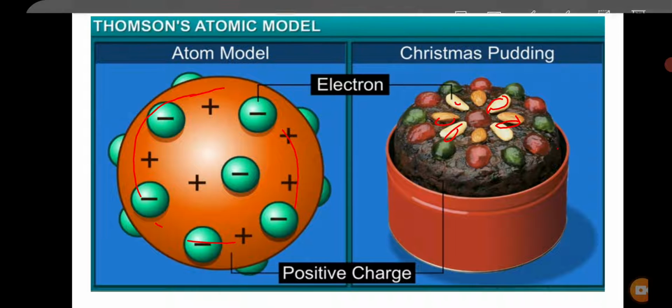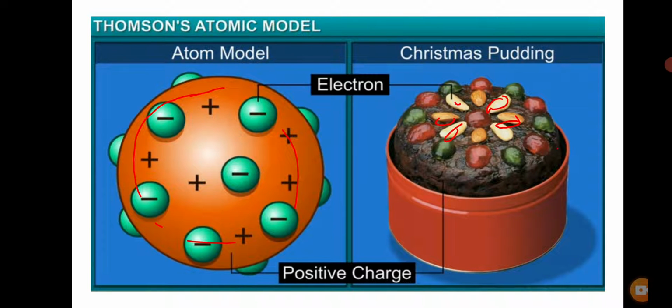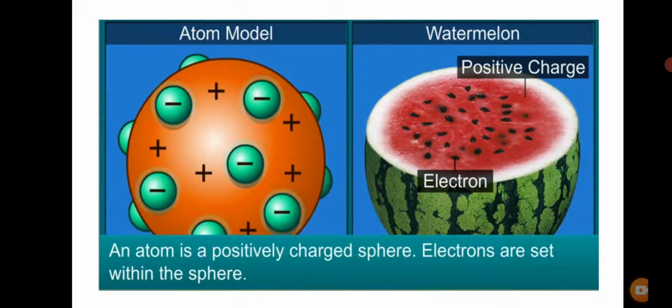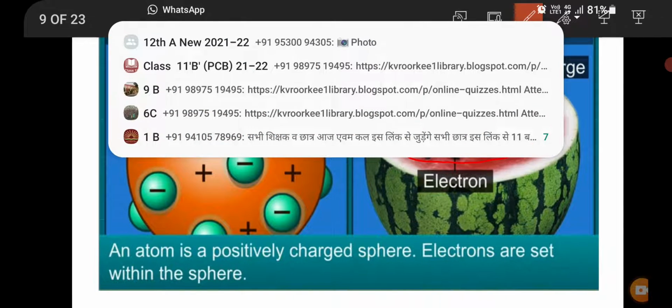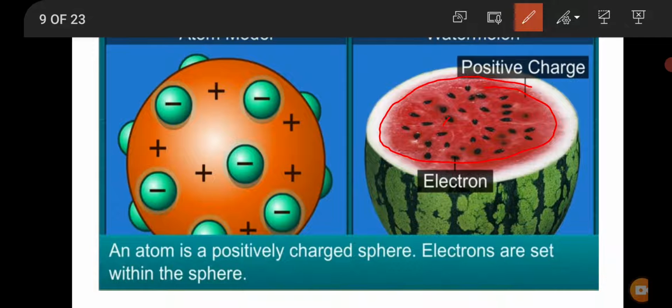You can also compare his model to a watermelon. See here in this diagram, his model can also be compared to a watermelon. The red portion is the positive charge, and the seeds inside the watermelon can be compared to electrons.